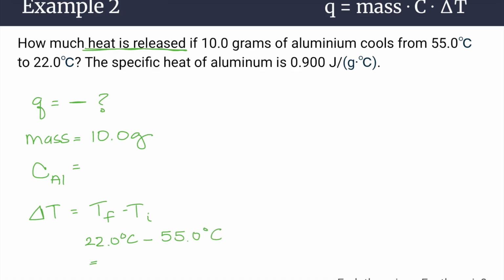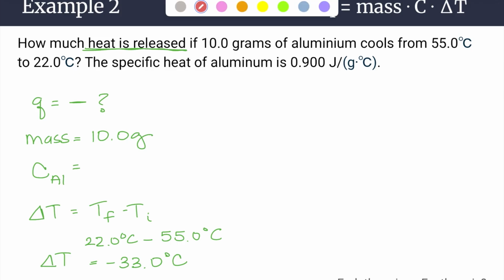And so when we do that 22 minus 55, we get a negative 33.0, one digit after the decimal for sig figs, as our delta T. And that negative change in temperature is going to match with that negative Q value. And so the direction of our temperature change is telling us the direction of that heat.